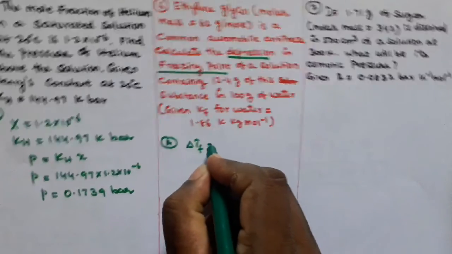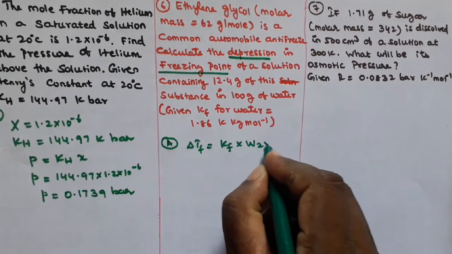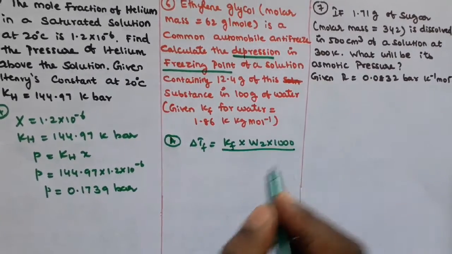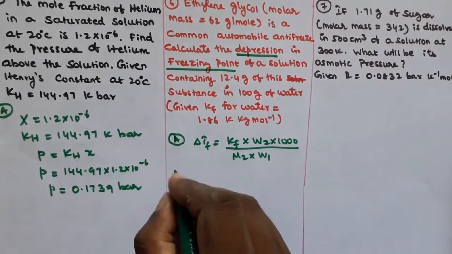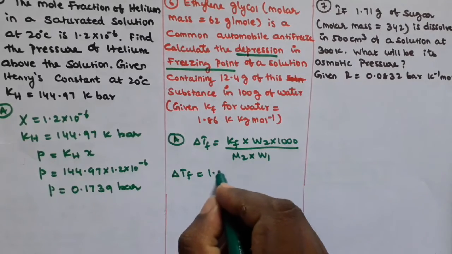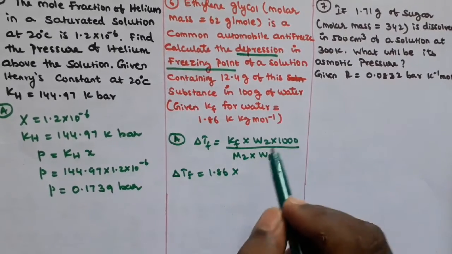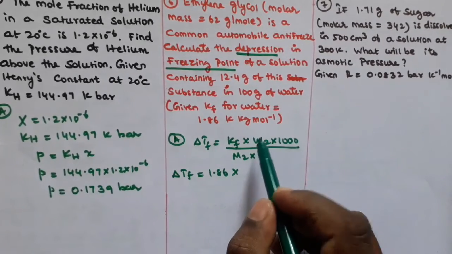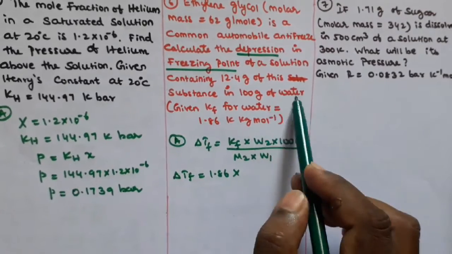The formula will be Kf into W2 into 1000 divided by M2 into W1. Only delta TF they want us to calculate. Substituting all the other values, W2 is the weight of the solute, 12.4 grams, dissolved in 100 grams. The solvent weight is 100 grams.